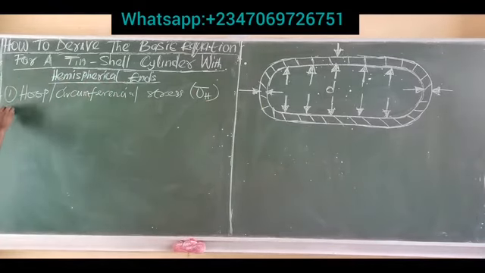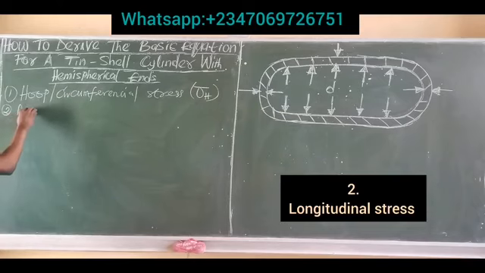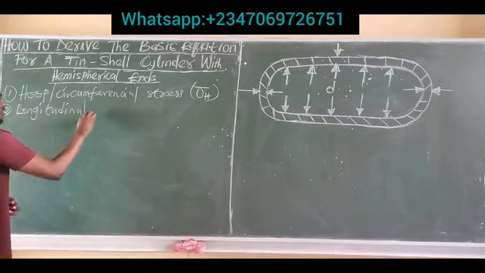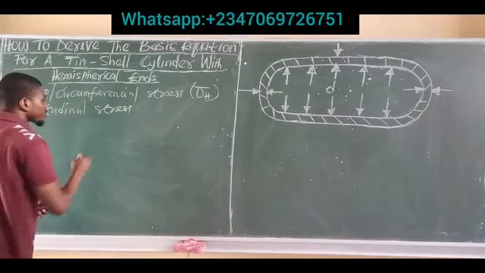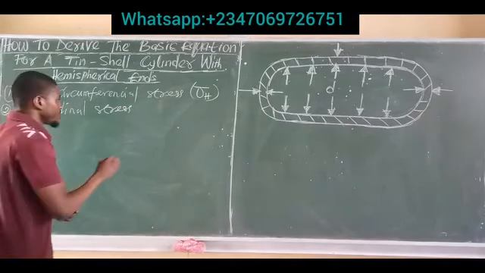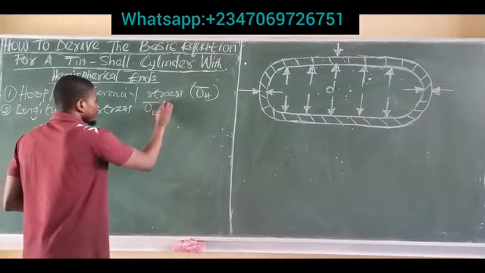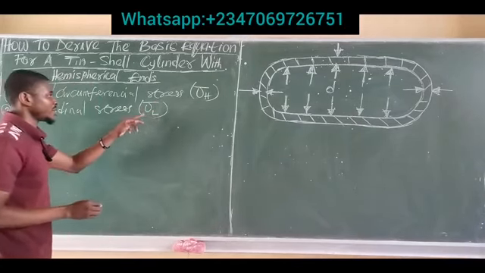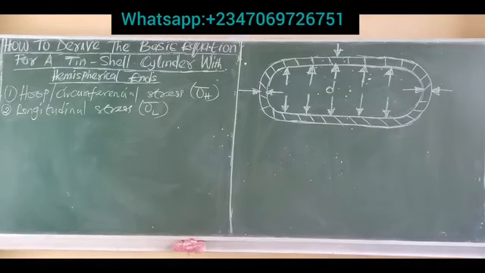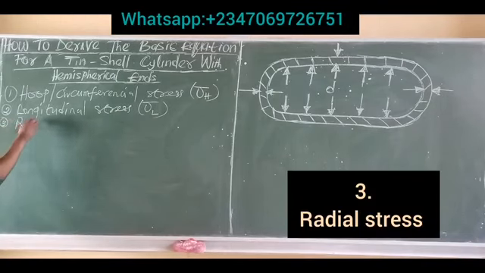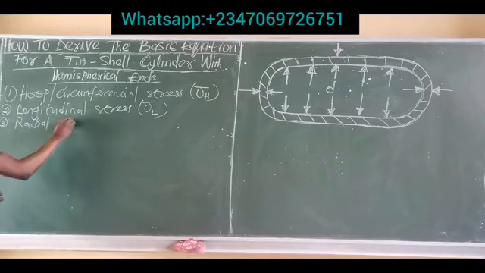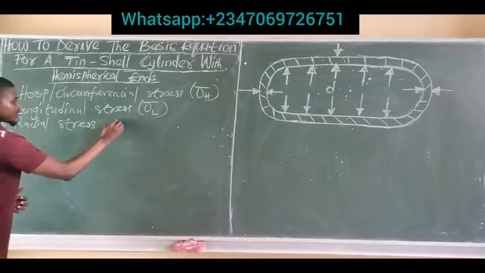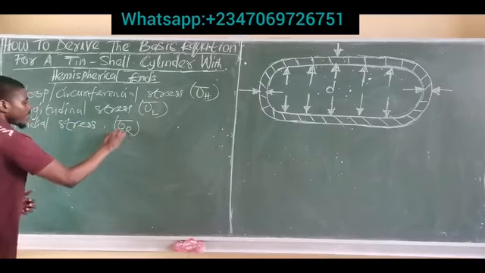The second type of stress is simply called the longitudinal stress, symbolized by sigma L, where L stands for longitudinal. And the third and final type of stress in the fluid inside a cylinder is the radial stress, simply sigma R.